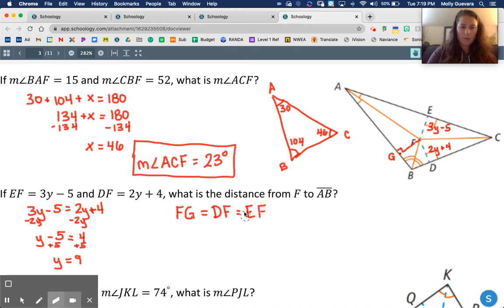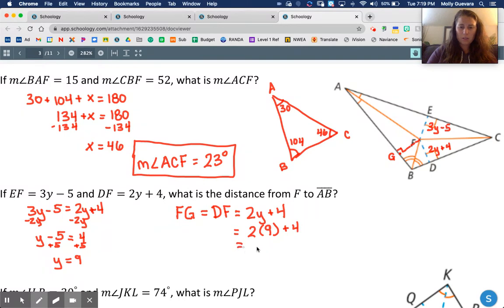So I'm going to take the distance from D to F and I'm going to solve for that. So that's 2y plus 4. And I know what y is. Y is 9, so 2 times 9 is 18 plus 4, which is 22 units.